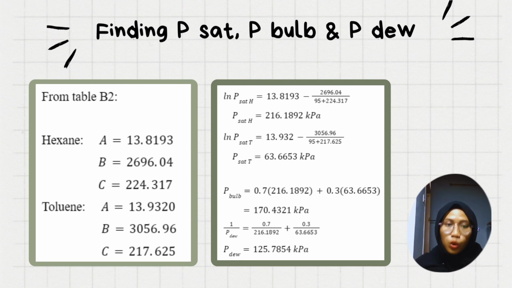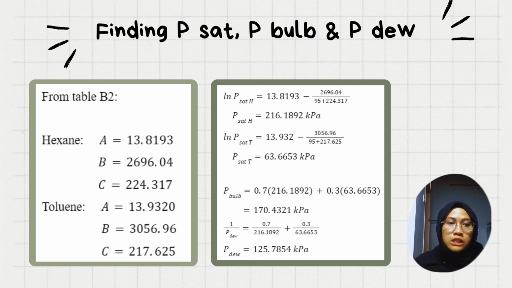Meanwhile, for toluene, it is 13.9320 for A, 3056.96 for B, and C is 217.625.